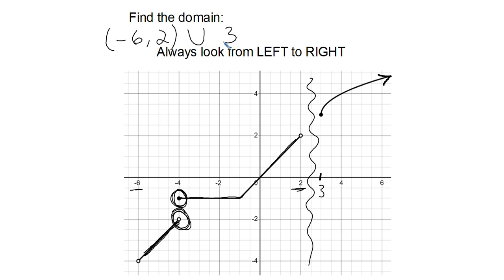So we'll put a 3, and that 3 is going to have a bracket because it's a closed endpoint here. And then our graph goes forever up and to the right. The up part doesn't really matter. It's the part about it going to the right that does matter. To the right is positive infinity, which always gets a parenthesis. And that is how we find domain given the graph of a function.